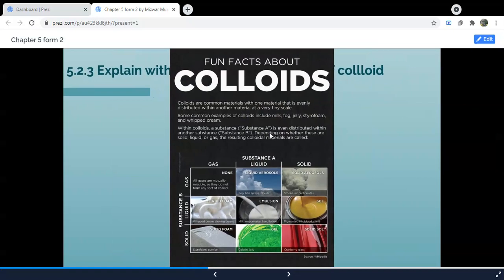Apa bezanya antara suspension dengan colloid? Kalau untuk suspension, the solute particle, the particle are not evenly distributed. But for colloid, tengok saya punya cursor ni, the particles are very tiny and the particles are evenly distributed in the another substance.